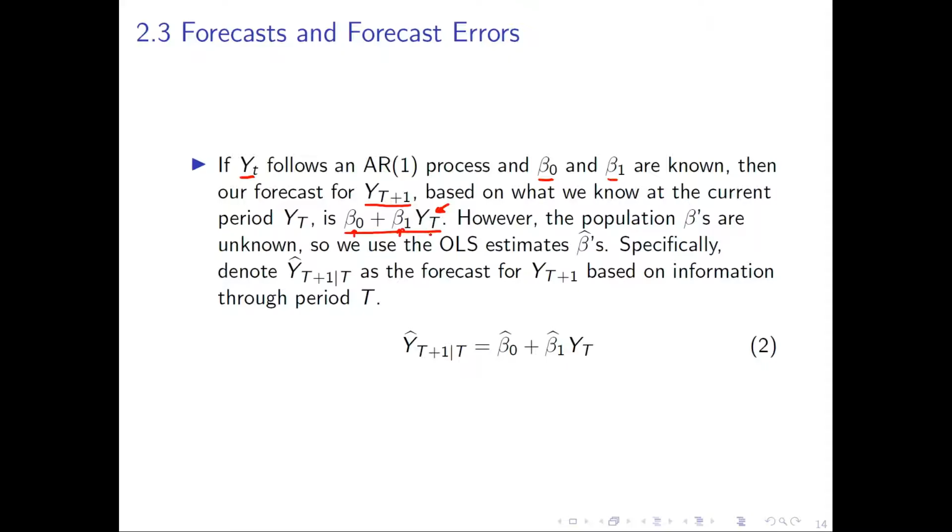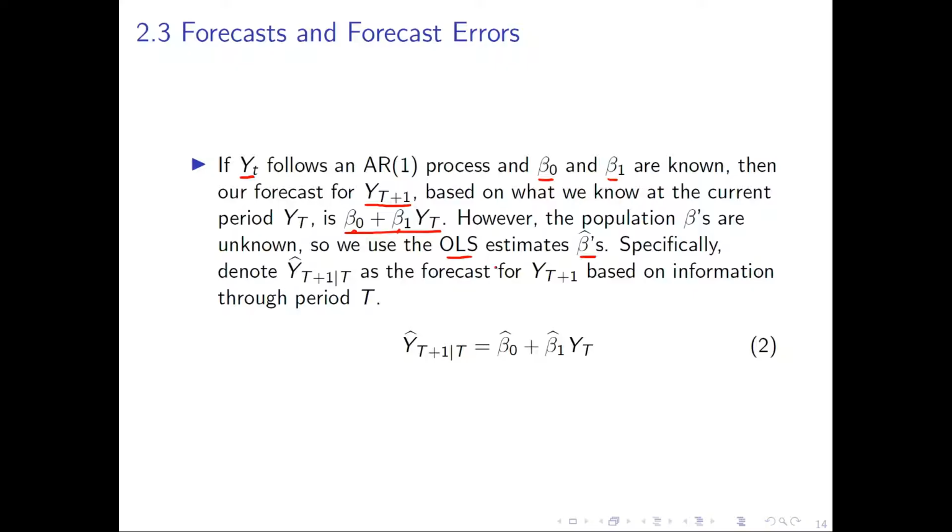scalar, this number. But the problem is that the population model coefficients are not known. So we use ordinary least squares to estimate the betas, the slope and the intercept.